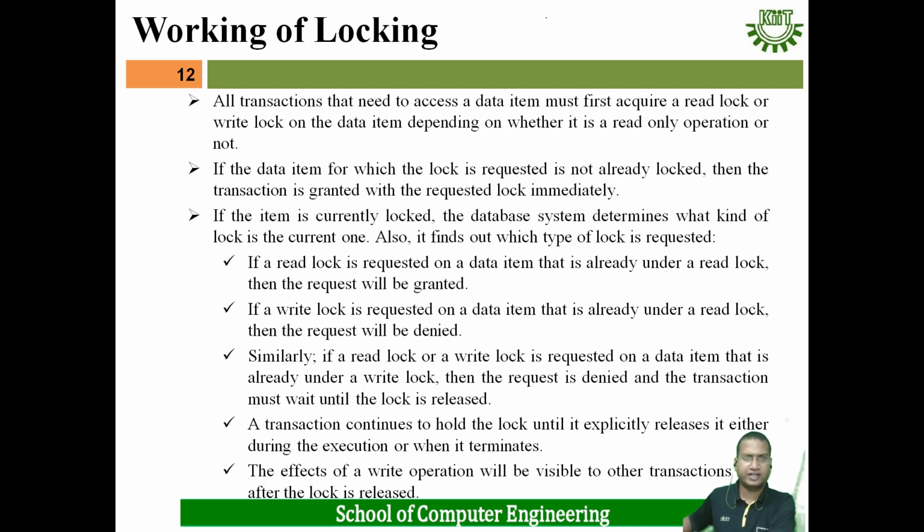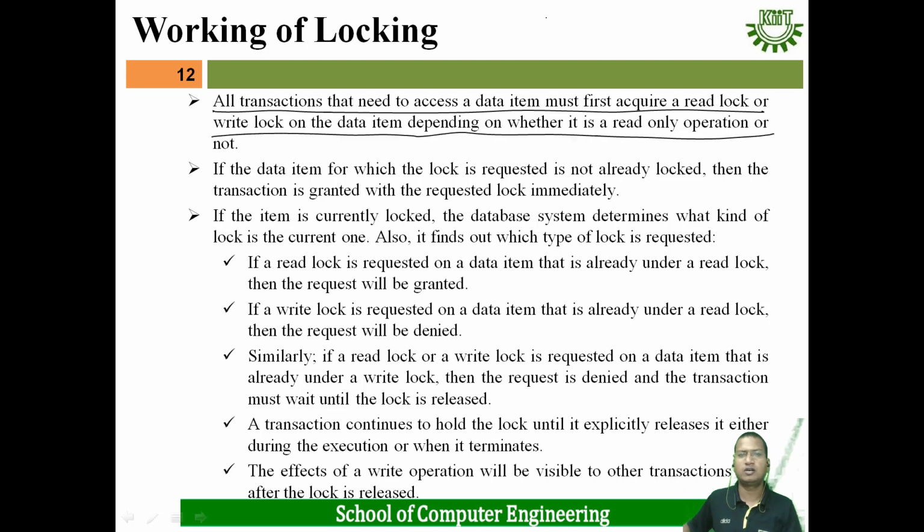Then, the working of locking. All transactions that need to access a data item must first acquire a read lock or write lock on the data item, depending on whether it is a read-only operation or not. Suppose T1 and T2, two transactions, are there.